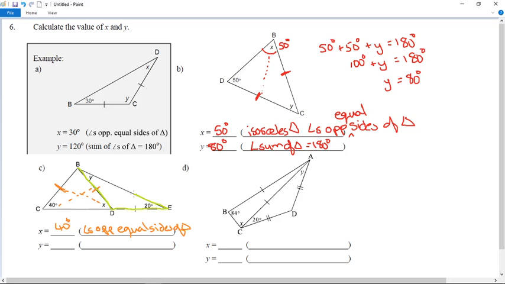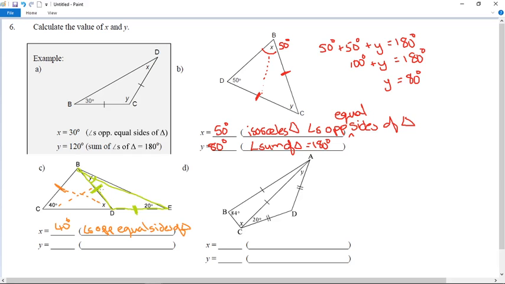Triangle BDE. This one's got y in the corner here, but can you see this same marking is over here as well? So if you look only at the green triangle, it's going to follow exactly the same rule. This is an isosceles triangle. It's not similar to the other triangle, even though they share a side, but it is still an isosceles triangle.